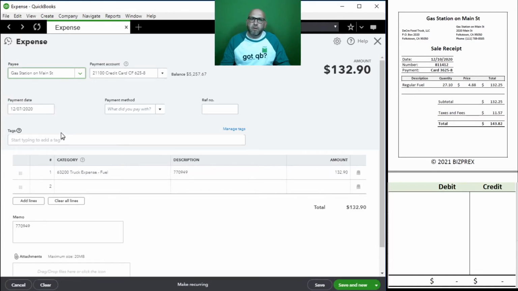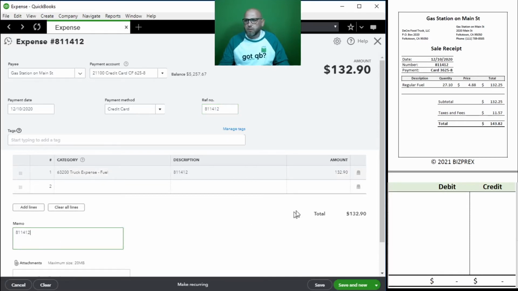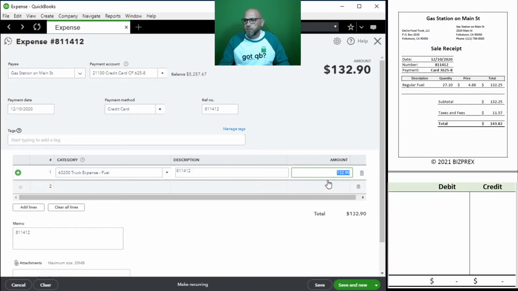Credit card account selected. Great. Let's just change the date. Okay, great. We have our fuel selected. Here it is. All good. Make sure we update the amount.